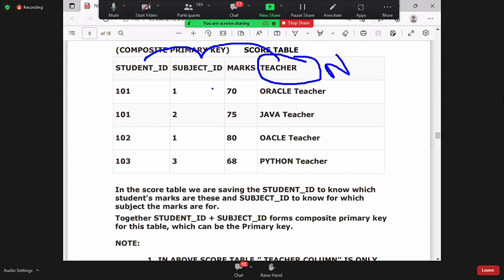Carefully observe. Teacher is depending only on subject but not student. Why? Because a student is temporary. Suppose after two weeks your batch is completed.